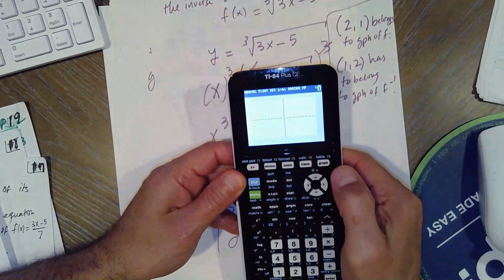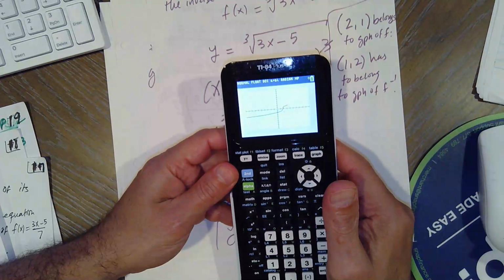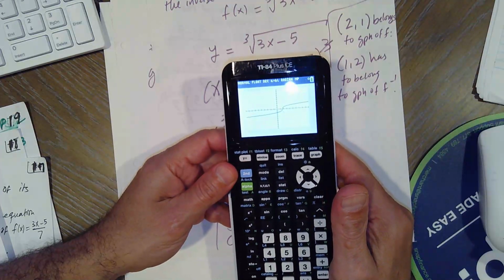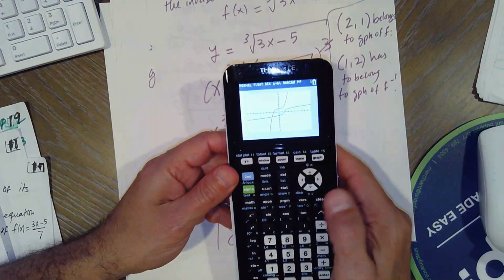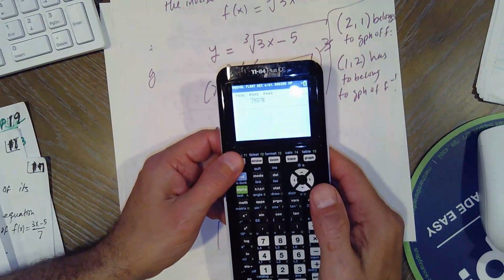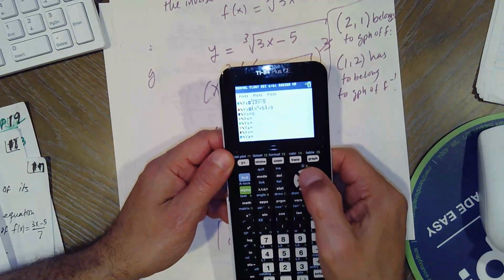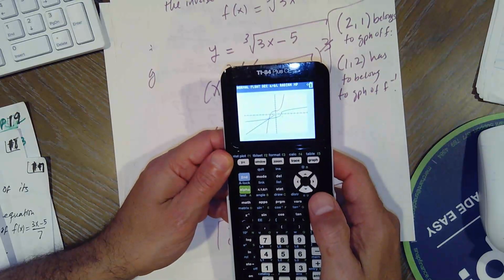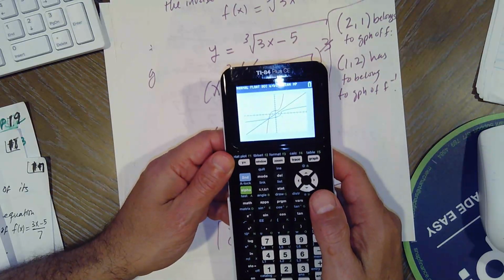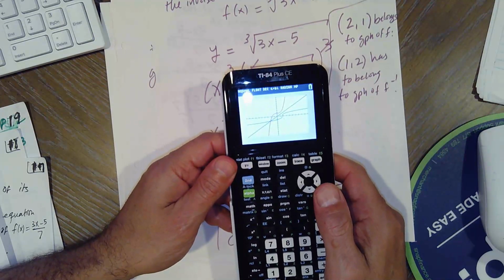If you graph these two functions, they're going to be mirror images with respect to the line y equals x. You're probably not going to see that right now unless you go back to y equals, go down to y3, and just put an x in there. And you're going to see how the line y equals x fits perfectly in there. So they are mirror images of each other with respect to the line y equals x.